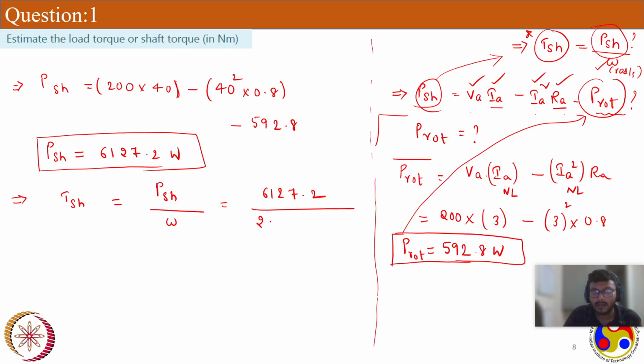So if you see here, we know that P net mechanical is the final power, right? So the efficiency of a machine is nothing but P net mechanical divided by P input. This is another important relation. So efficiency is nothing but output power by input power.